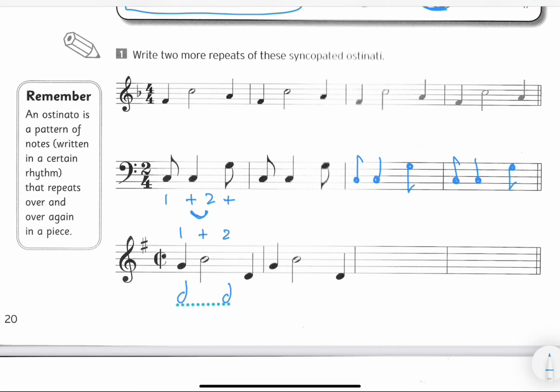Here should have been 2 and, but they have tied these two together. So it becomes this beat, a minim beat. Okay. So let's write them again. Just repeat them again. Okay. Let's move on to next.